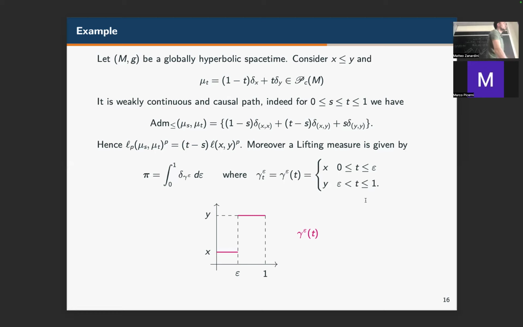So you have this uniformly distributed measure on curves that jump from x to y at all possible times. And these are, of course, left continuous because x is in the causal past of y.